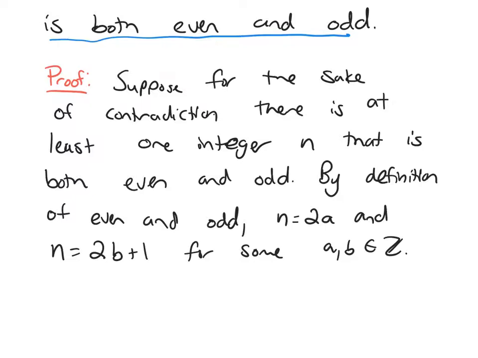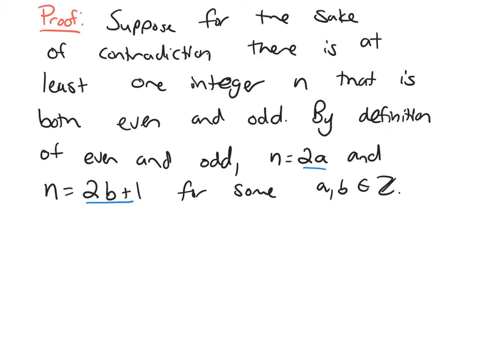Well, if you look at your proof, you have n equal to 2a, and n is also equal to 2b plus 1.